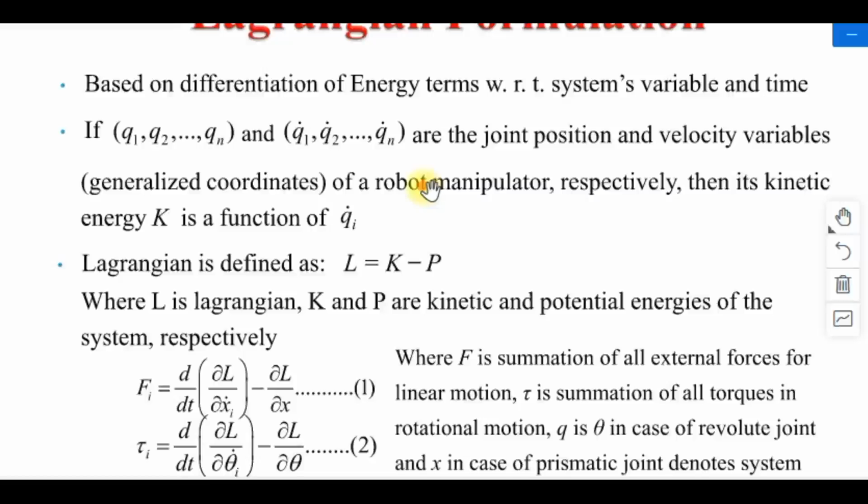So we subtract the potential energy from the kinetic energy, and based on these two energy difference, we are able to form the dynamic equation.